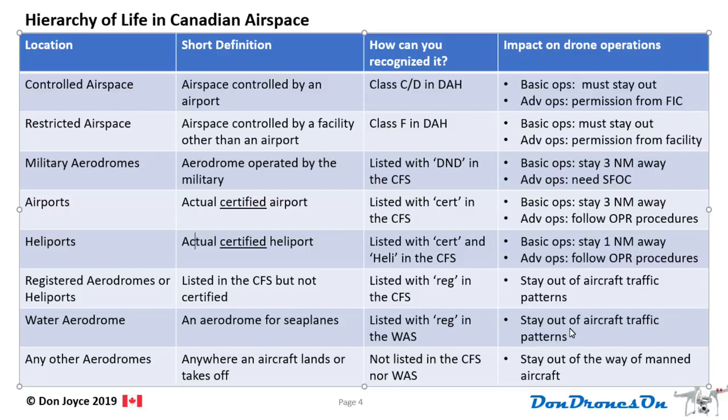In every case, you have to stay out of the way and give way to manned aircraft at all times. So that's the hierarchy of life in Canadian airspace. It starts with controlled airspace and restricted airspace, goes through a hierarchy of airports down through to aerodromes where anyone and his brother is landing or taking off.